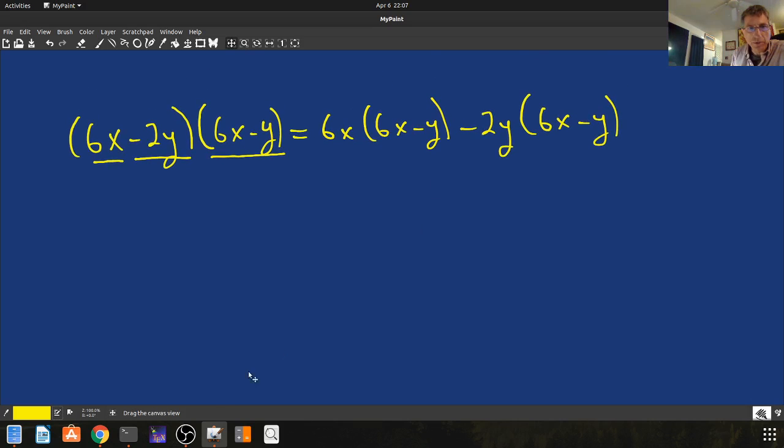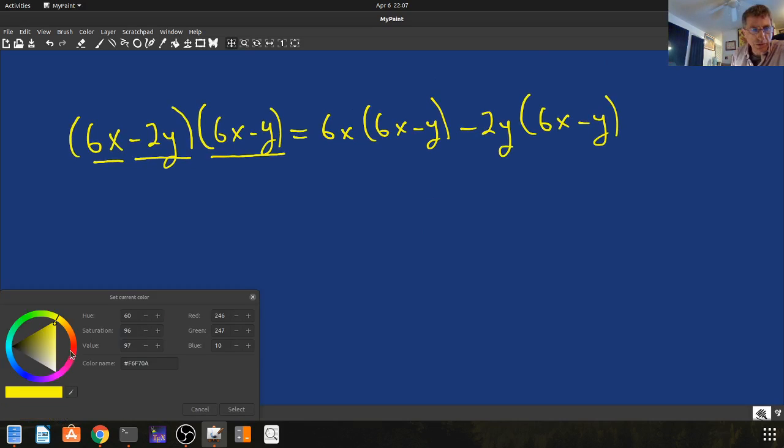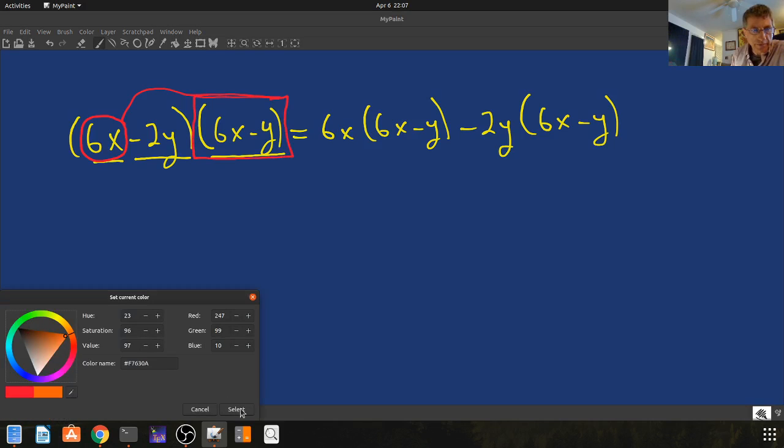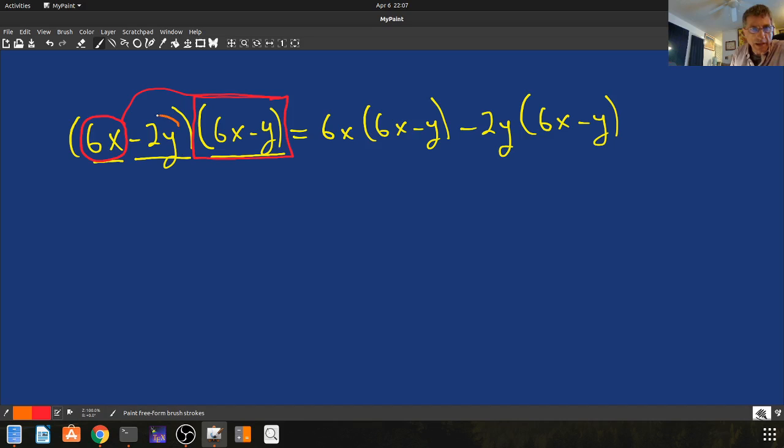So what we're doing is a form of distribution. I'm taking 6x and I'm multiplying it to this entire thing. And then I'm taking minus 2y and multiplying it again by the exact same thing. So I get this over here.